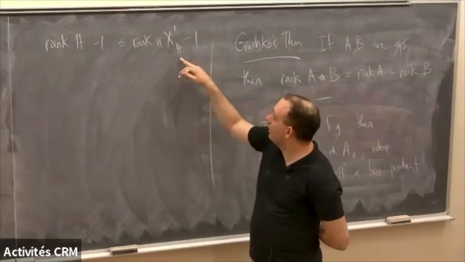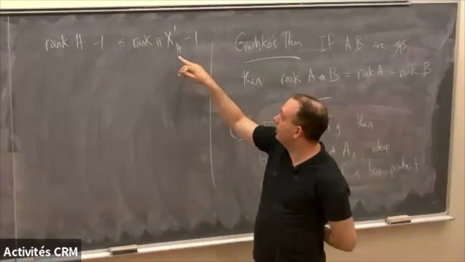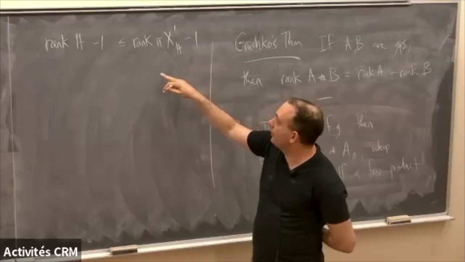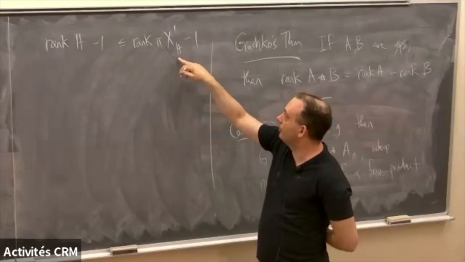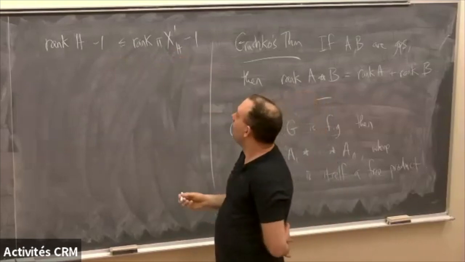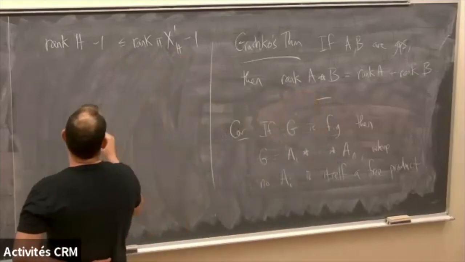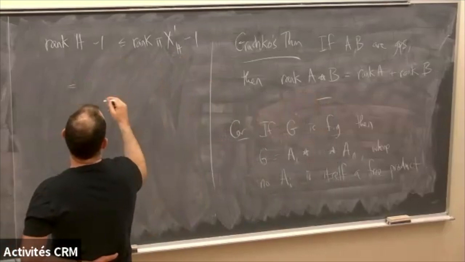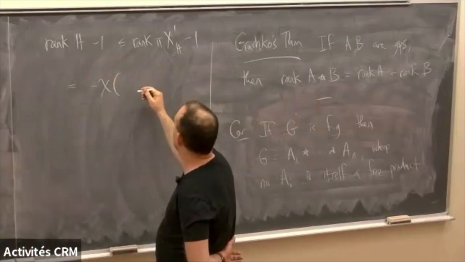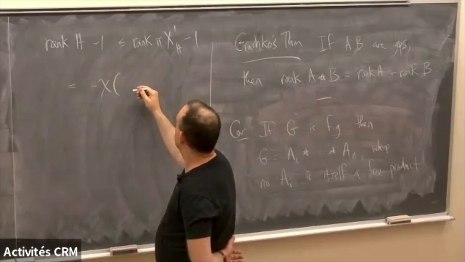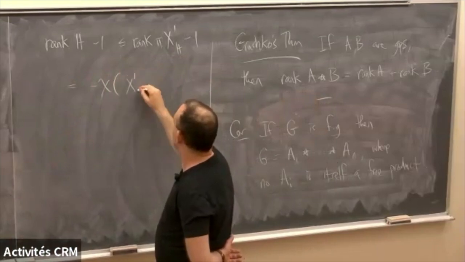Okay, all I know is that they do generate H, and so I get an inequality here between the rank of H minus 1 and the rank of the pi_1 of the one skeleton. But then I can do the same thing. So this is again minus Euler characteristic of this one skeleton.